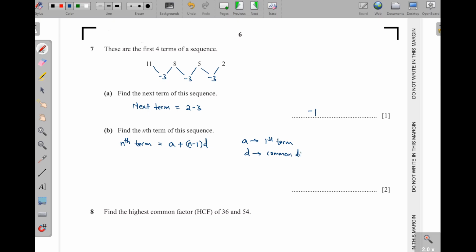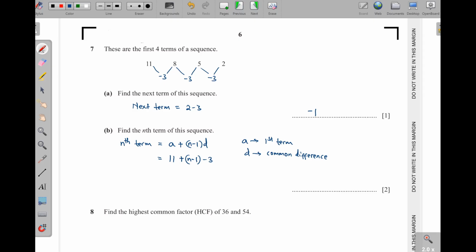You just get the succeeding term minus the preceding term. Like you get the second term minus the first term, a third term minus the second term, like that. So the first term here is 11, then n minus 1. The common difference is negative 3. I always see students writing this.